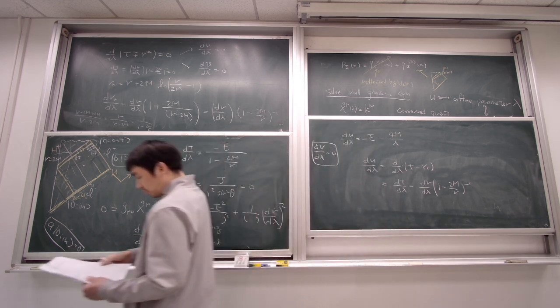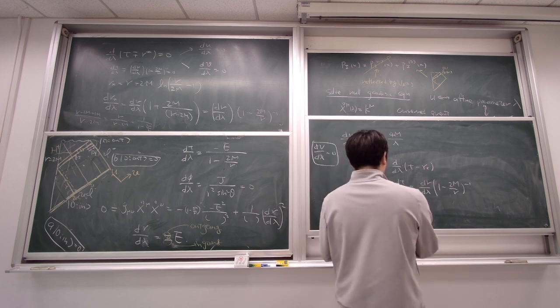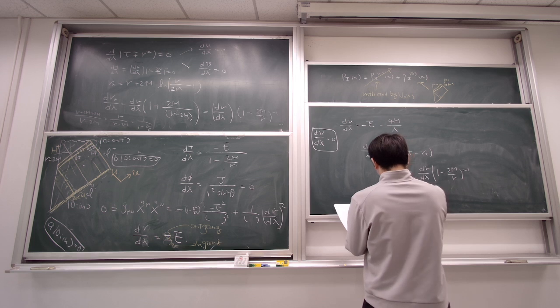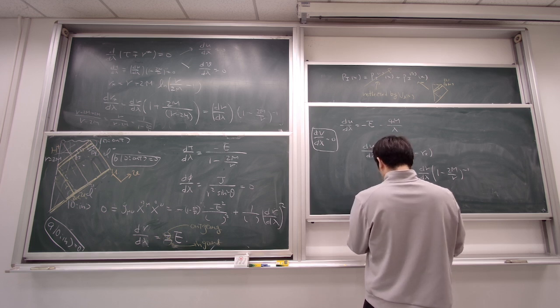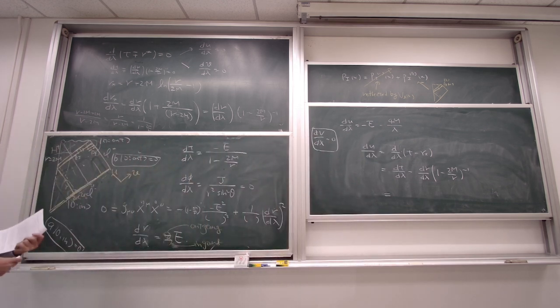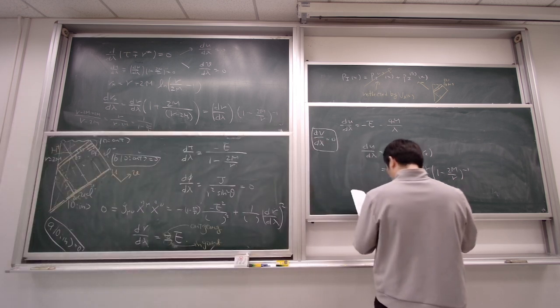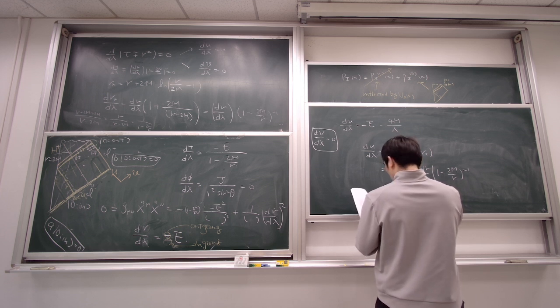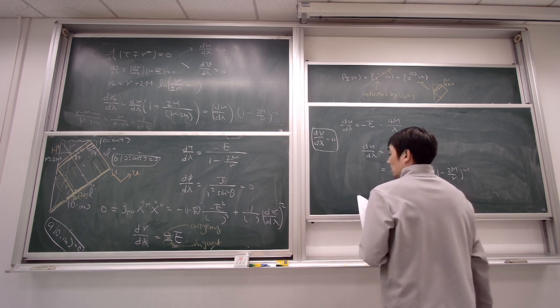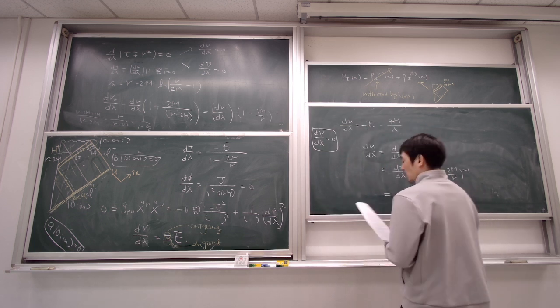Inverse, that's what we showed. And now it's ingoing. So I just want to use this one. It's minus sign. So therefore this is equal to minus e times 1 minus 2m over r. And then this is plus e. Oh, it should be 0.